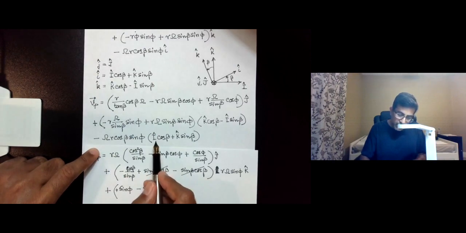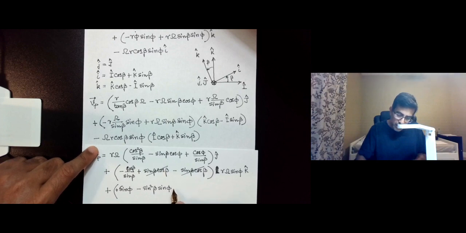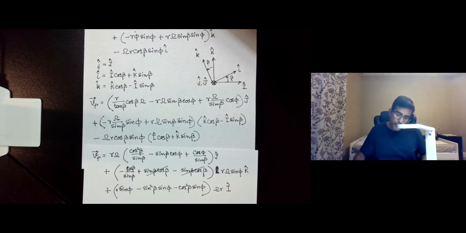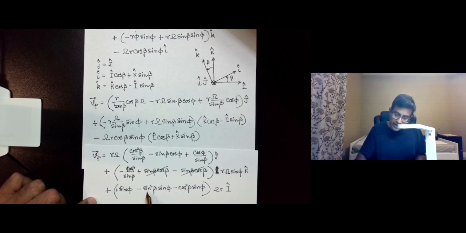And then you would have minus cosine squared beta sine phi. And the common factor out would be omega r, and the unit vector is capital I. So one thing that you would see over here is that sine squared beta sine phi and cosine squared beta sine phi, they both have negative signs, so they will add up to give you minus sine phi. And when you add with this plus sine phi, then this whole term cancels out.